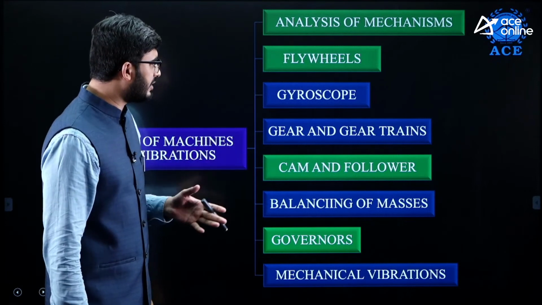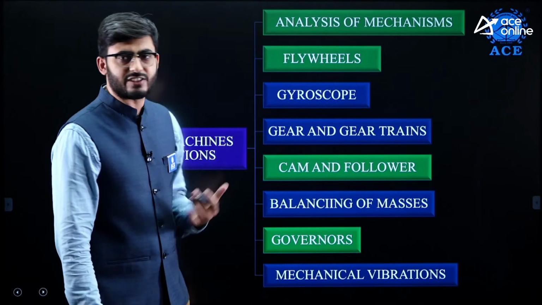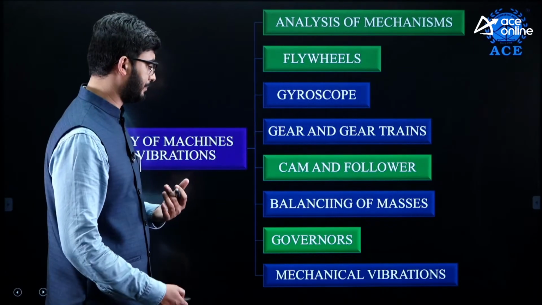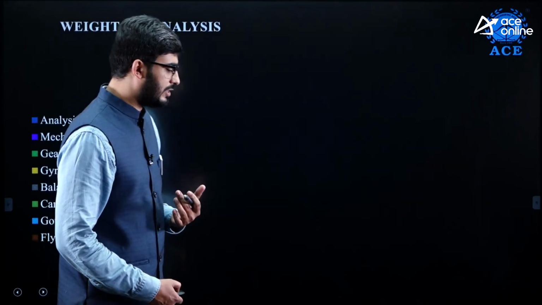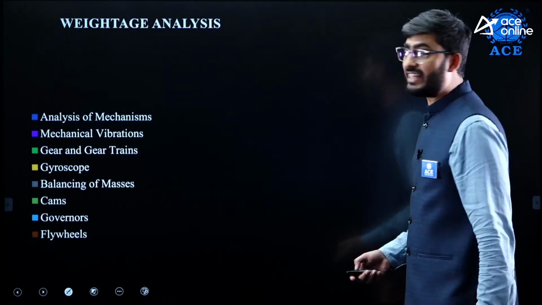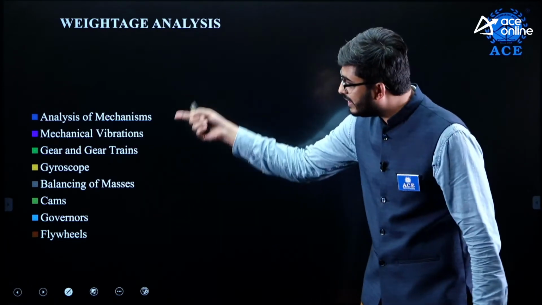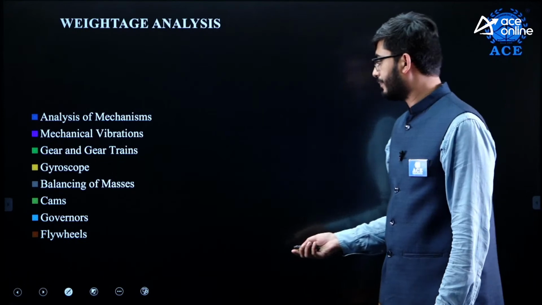Right, now let us see from which subtopics we can expect the questions. First we need to see the weightage analysis over the last 30 years. What is the weightage over these 8 topics?